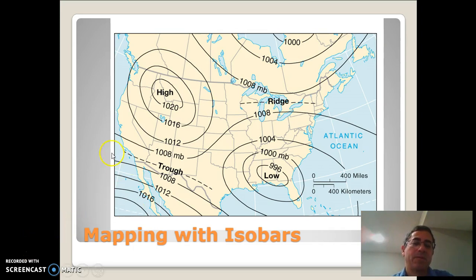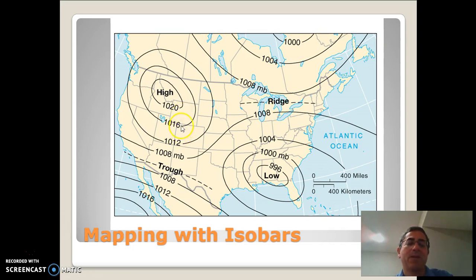So if you look here, you'll see a line that's the 1008 millibar air pressure line, and if we move in this direction, the isobar values, or the air pressure values, are increasing by 4 millibars when we go from one line to the next.